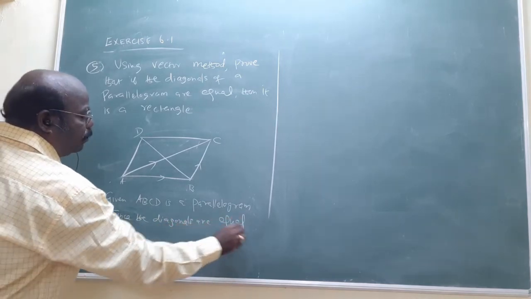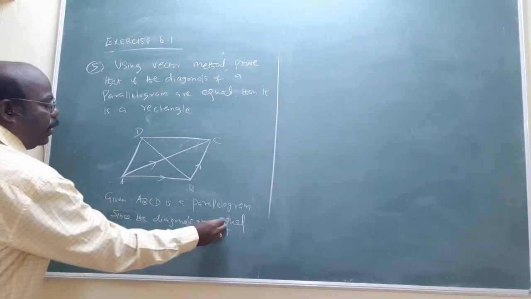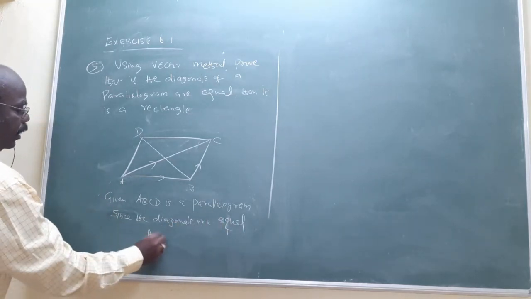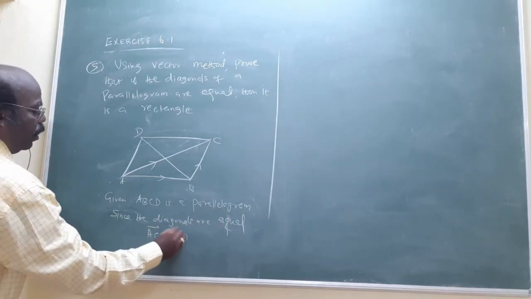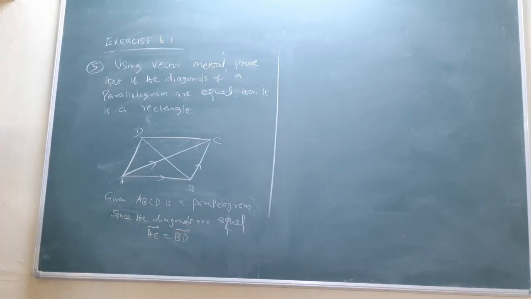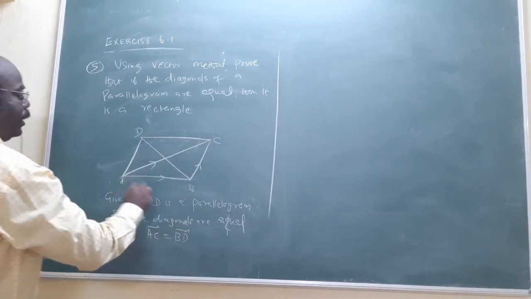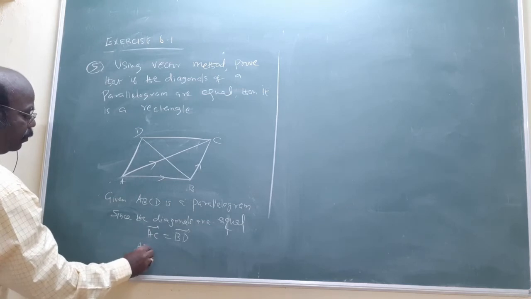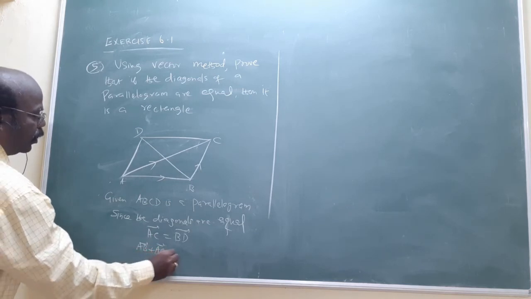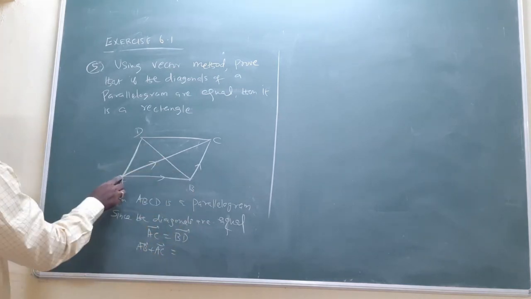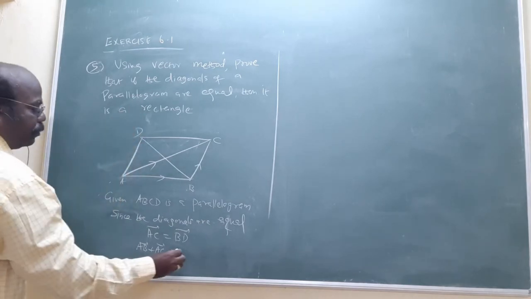That means what? What are the diagonals? AC and BD will be equal. Now the AC can be written as AB plus BC. The BD can be written as BA plus AD.